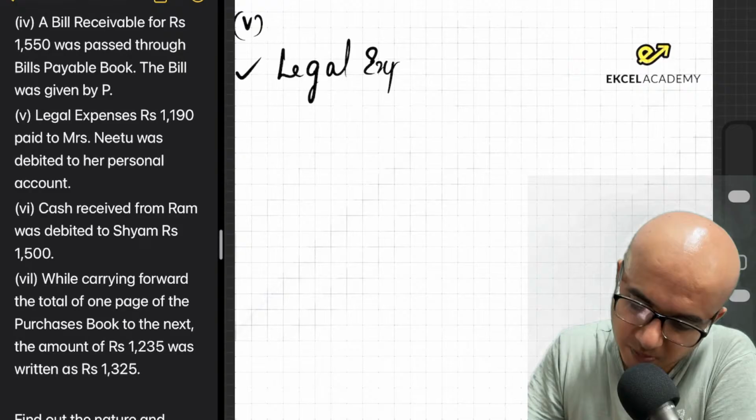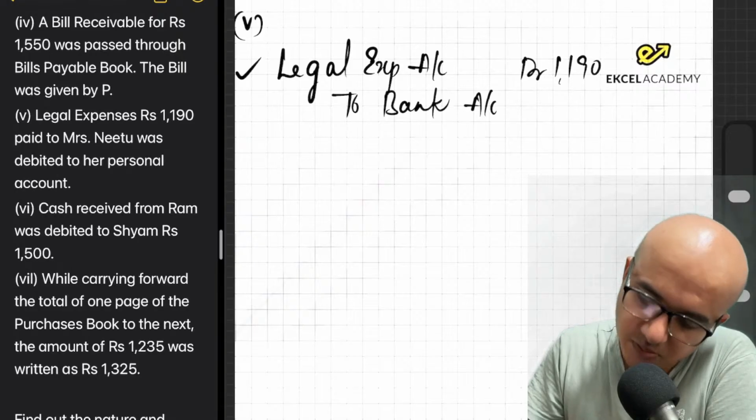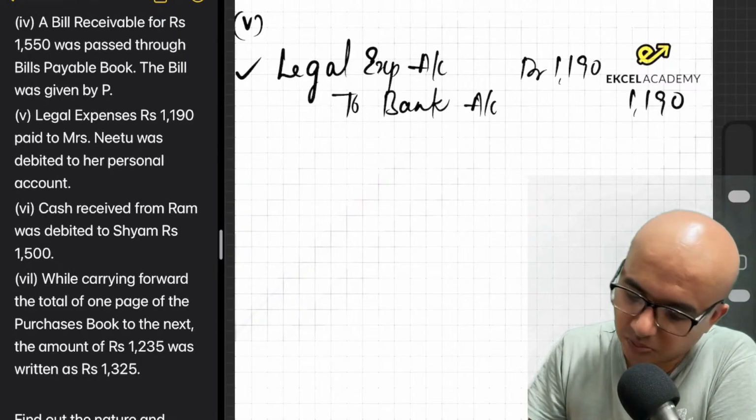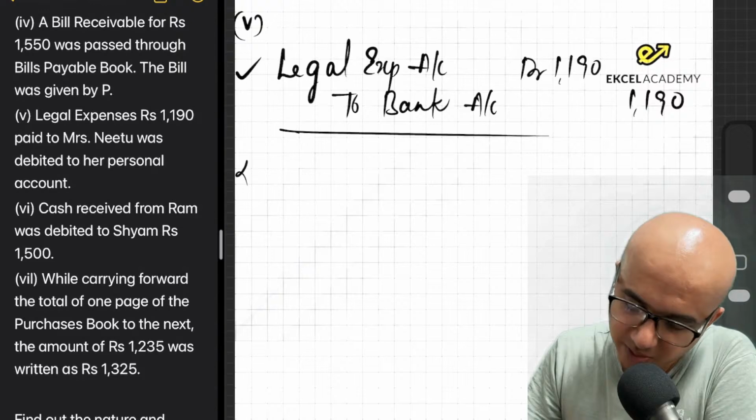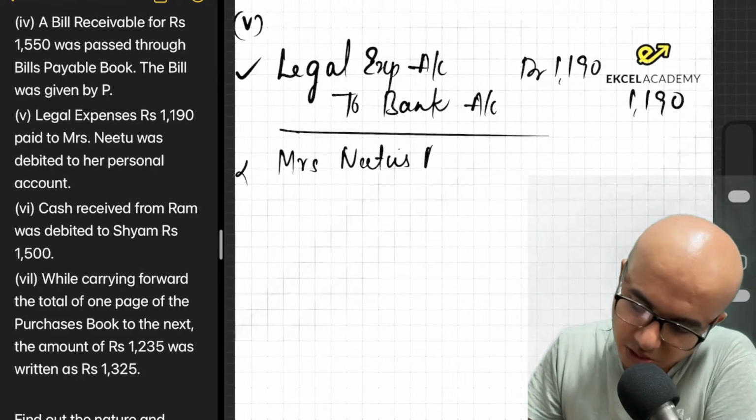How much is the debit? 1,190 to bank. The wrong entry would be Mrs. Neetu's account debit 1,190 to bank.